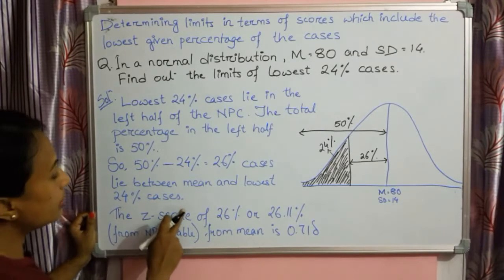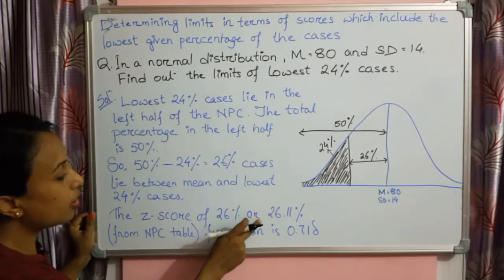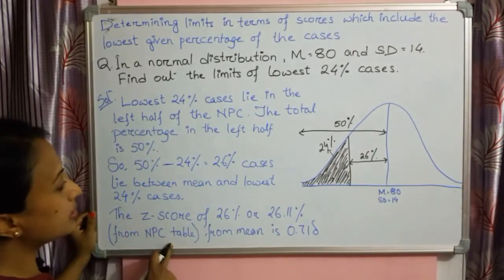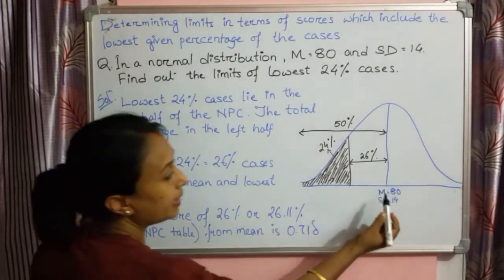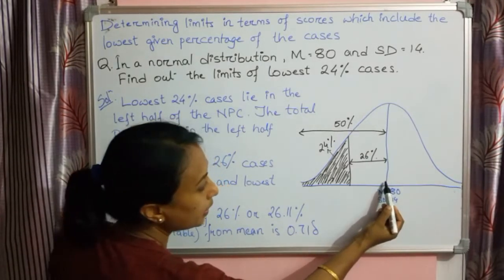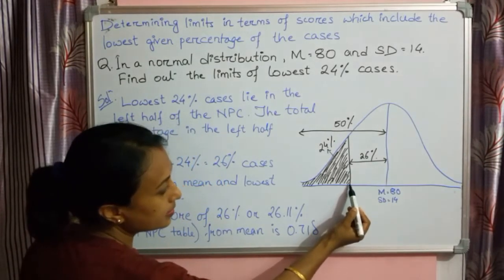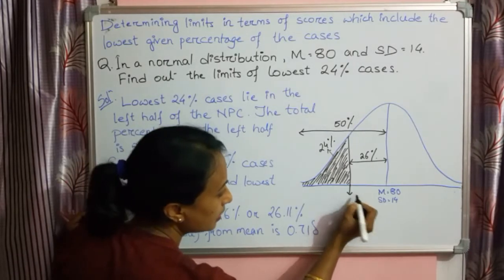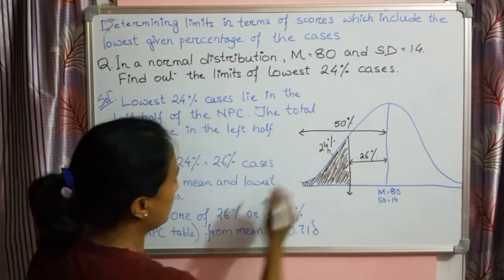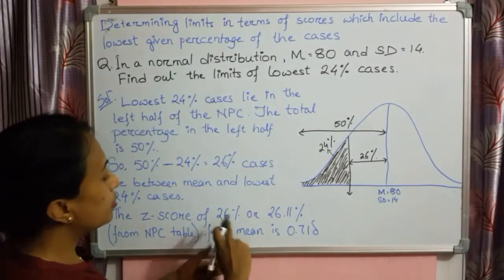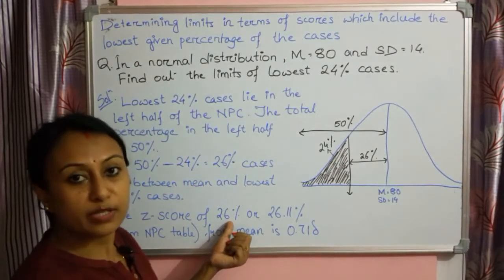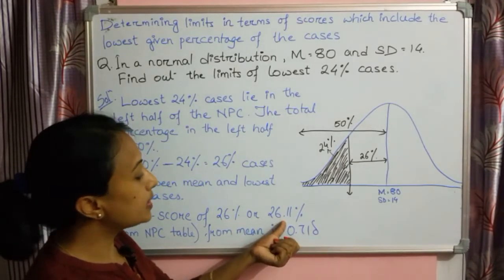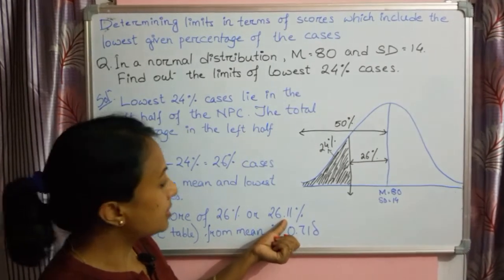So we need the Z score of 26 or 26.11 percentage, again from the NPC table. We are determining it from the mean. Because we could not find exactly 26% on the NPC table, we have taken 26.11 percentage.